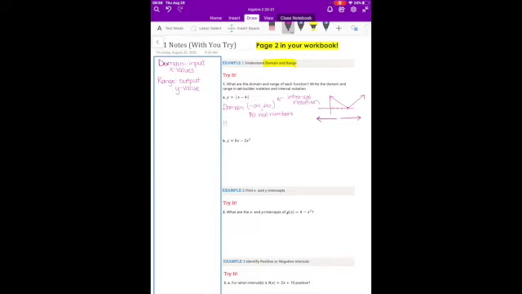Range is from bottom to top. So always do the smallest number to the largest number. So smallest number here on the y, notice that y is actually 0. So if I think about that point is 4, 0. The y value is 0. And then it goes up forever.